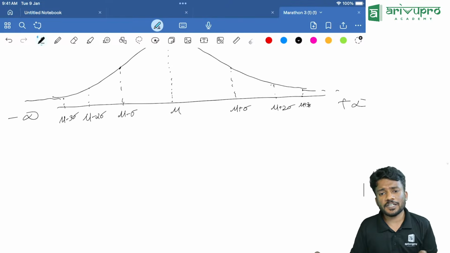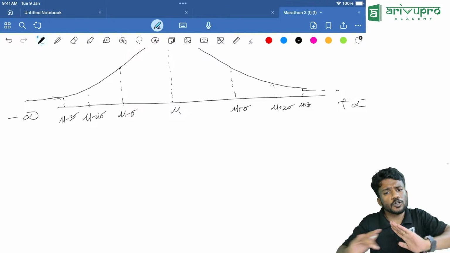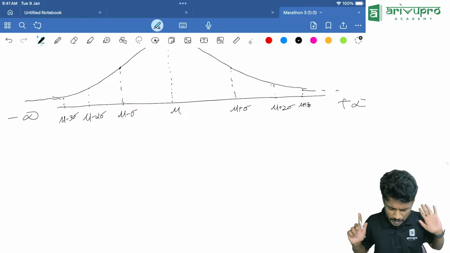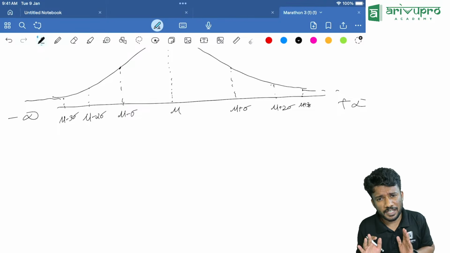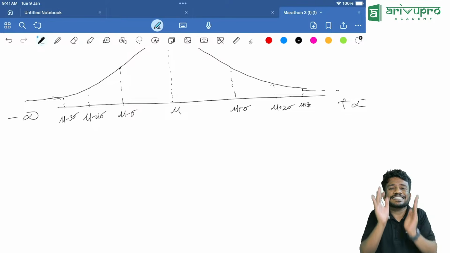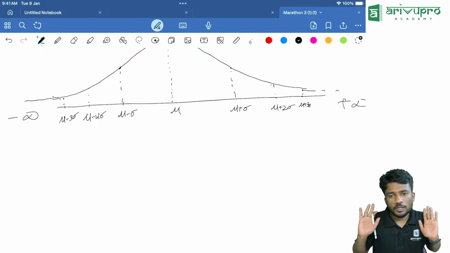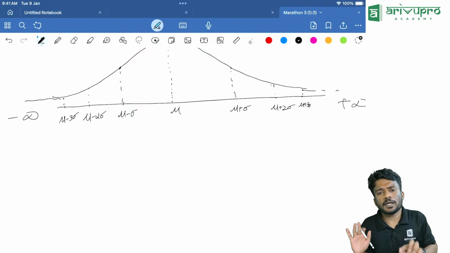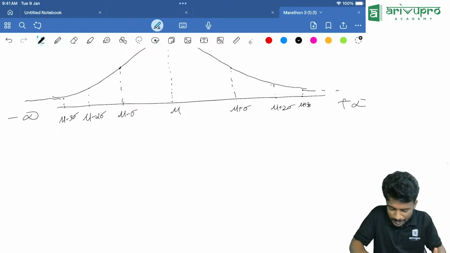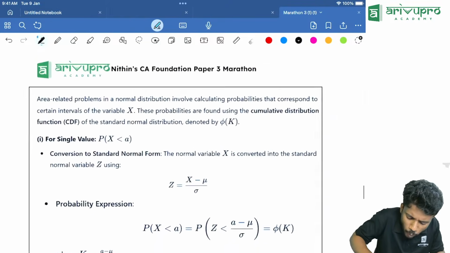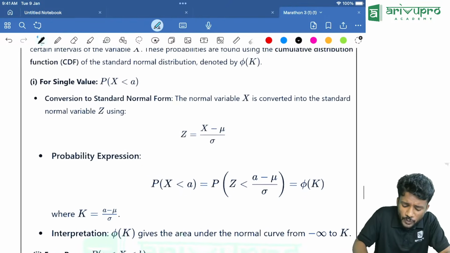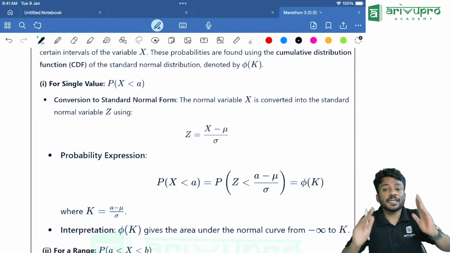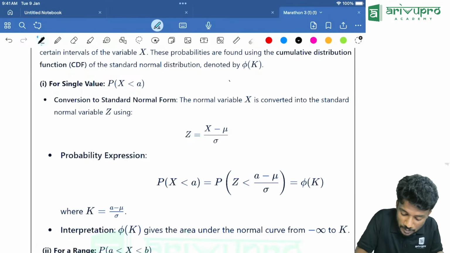From minus infinity to plus infinity, the total area is how much now? 1. Now, people, we will be facing some questions where we need to standardize this normal distribution. That is called standard normal distribution. To standardize a normal distribution, first we need to standardize the variable, whichever x value is present.